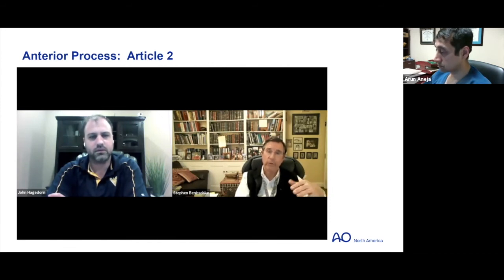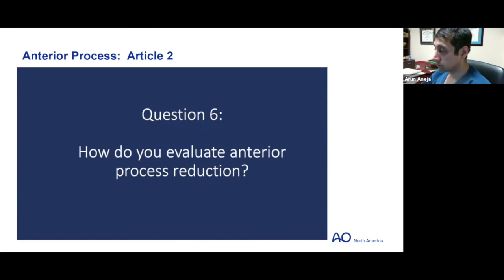Once you restore the length, which involves the fracture lines of the anterior process, when you overcome shortening, there will be many times cortical reads on the superior part of the anterior process that is properly realigned.